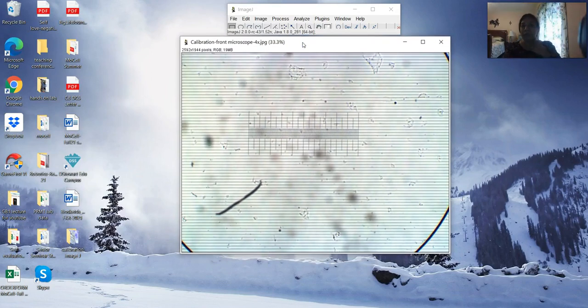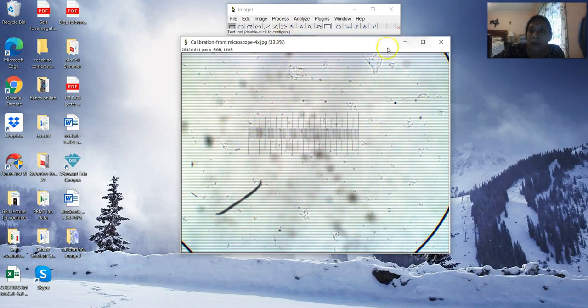At the 4x objective lens you can see the entire micrometer, the entire ruler, and a lot of other extra field as well. In this case, it's really hard to measure every single individual unit.